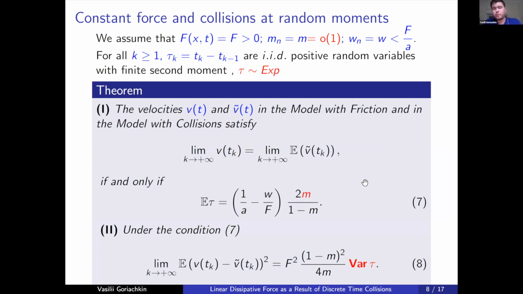But for the Poisson case, if we take a Poisson process, the time between occurrences is exponentially distributed, right? In this case, it will go with m, and m cancels.